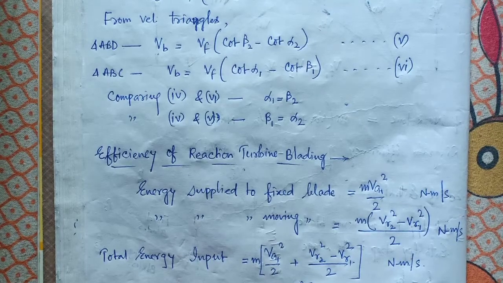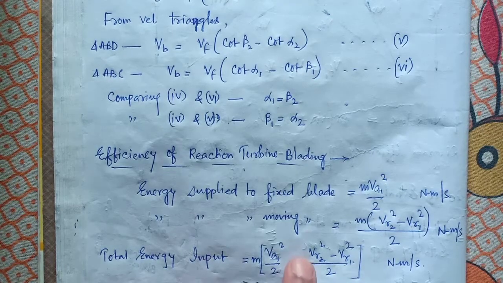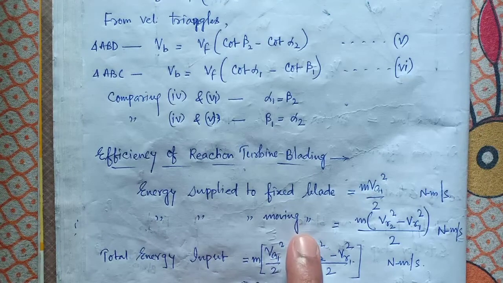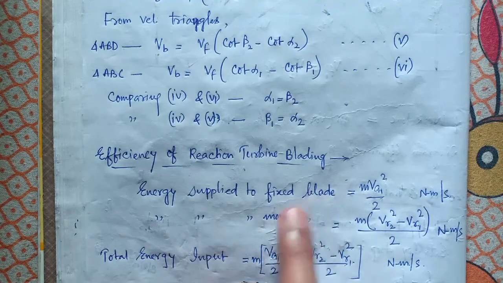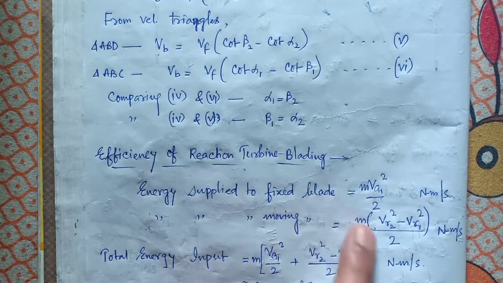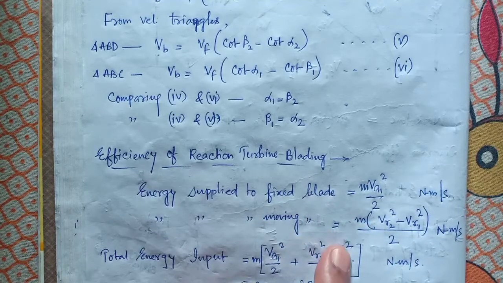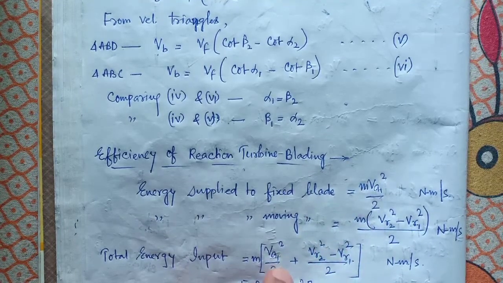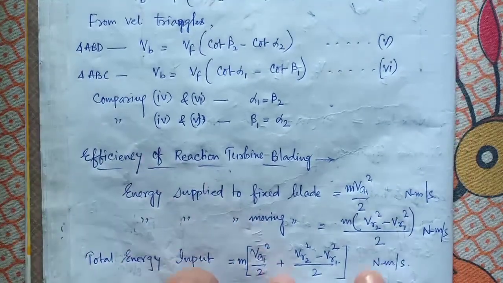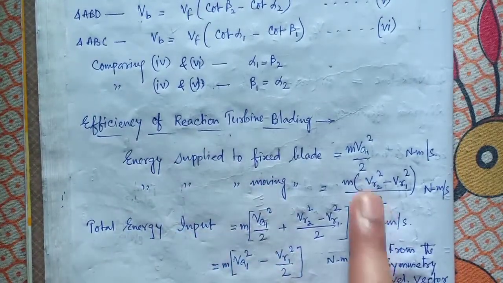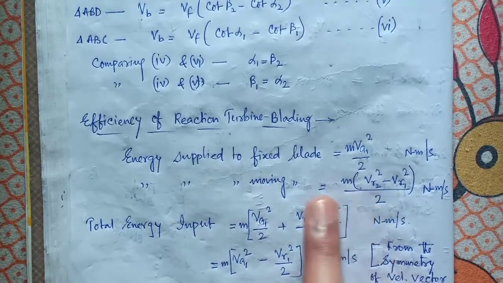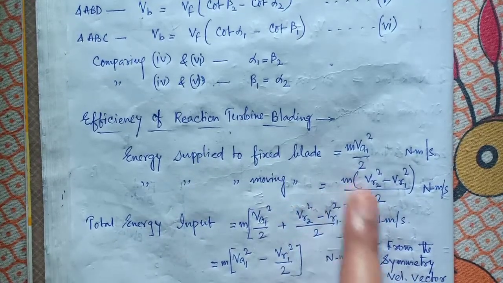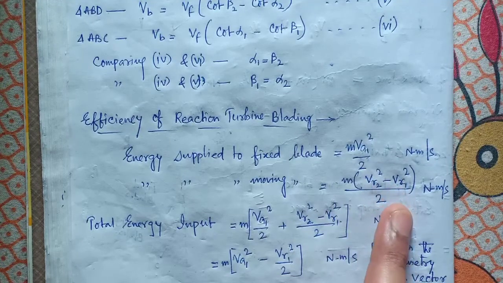As the blade is moving, the moving blades are in motion because the guide blades are fixed, so the rotation of the moving blades is dependent on the fixed blades. Hence it is expressed in terms of the relative velocity. This will be equal to half m VR2 square minus half m VR1 square.